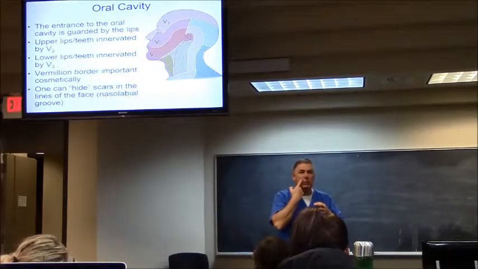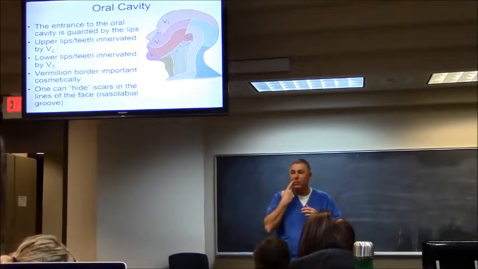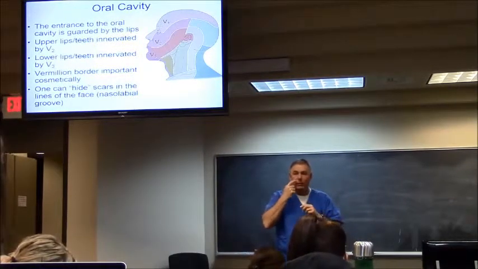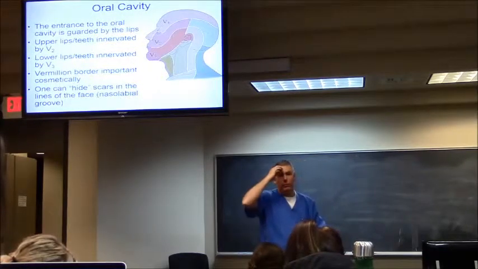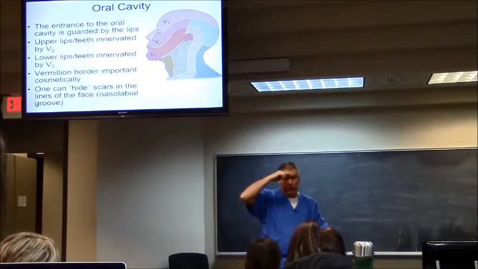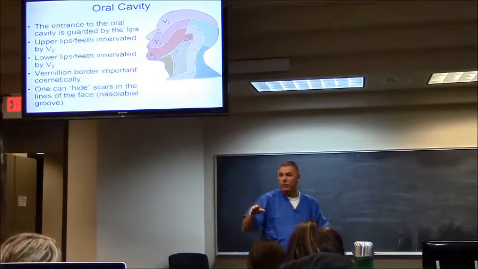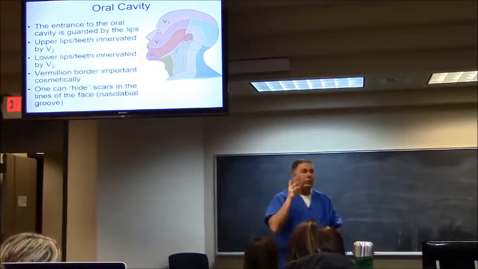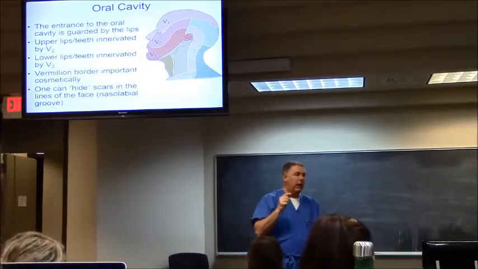If you can make an incision in this direction, you can hide that scar within the normal nasolabial fold. If you're going to remove something up in the forehead, you want to make it horizontal so that it looks like it's hidden in the wrinkles of the forehead or over in the corner of the eyes. You want to use the natural creases of the face to hide scars.